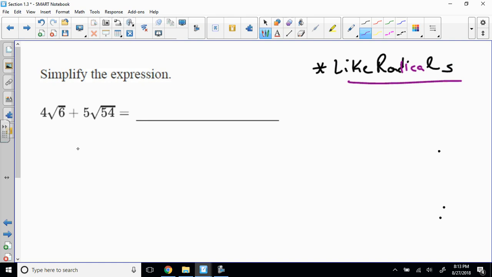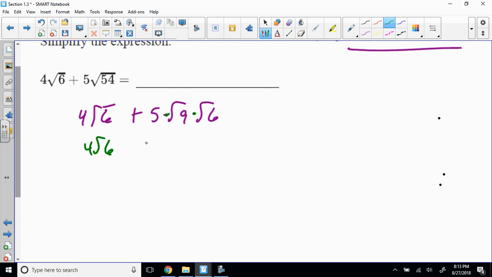So here we go. 4 square roots of 6 plus 5 square roots of 9 square roots of 6, right? Those are all tied together by multiplication right here. So that's 4 square roots of 6. Plus 5 times 3 square root of 6.